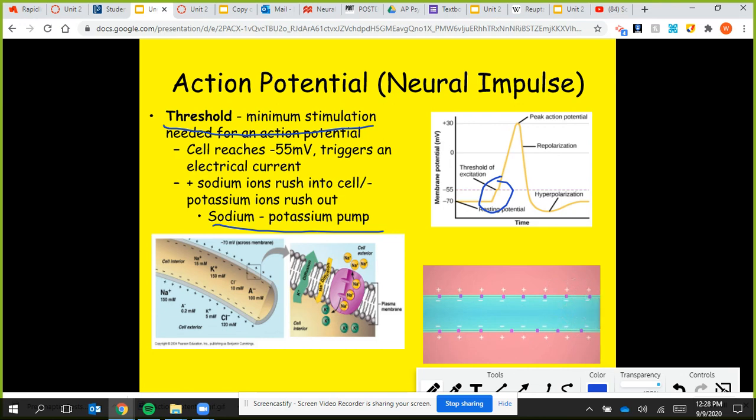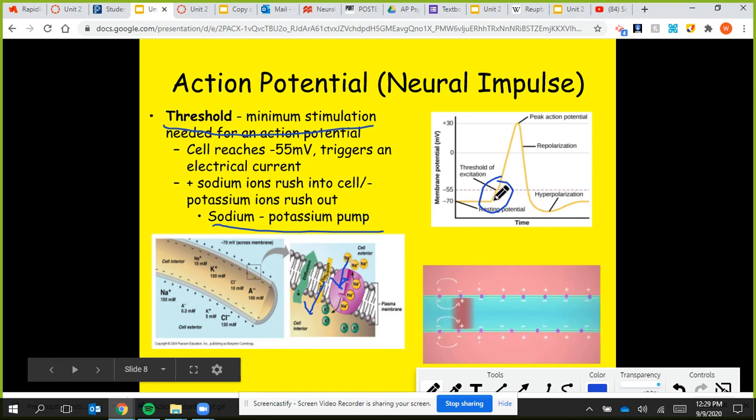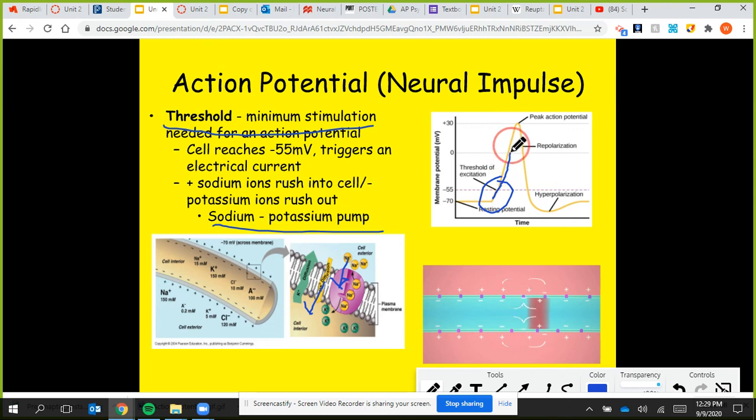What that means is the inside of the neuron has to depolarize to negative 55 millivolts for there to be an action potential. When this happens, the sodium and potassium ions diffuse across the membrane. Sodium ions come in, potassium ions go out. This causes the neuron to continue to depolarize.